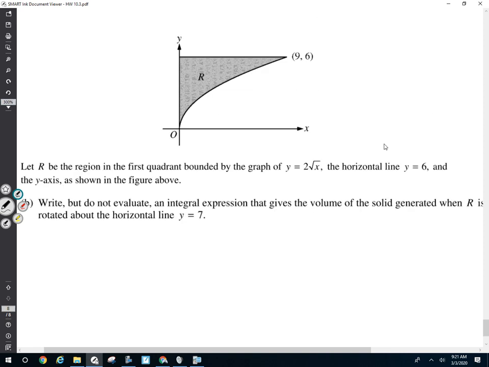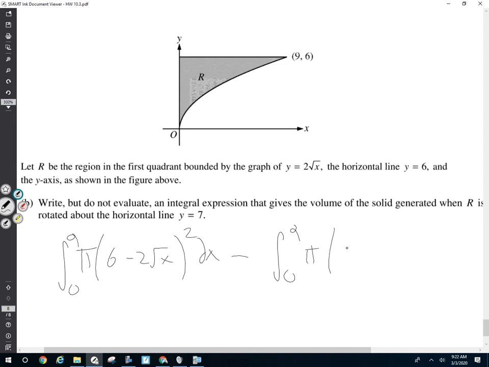y equals 7. This is 6, 7. I'm going to have a hole again. The outside is going to go to the 2 root x. So I got 0 to 9. That's left to right. So the outside is going to be 6 minus 2 root x. And then the inside is going to be the 7 minus the 6.